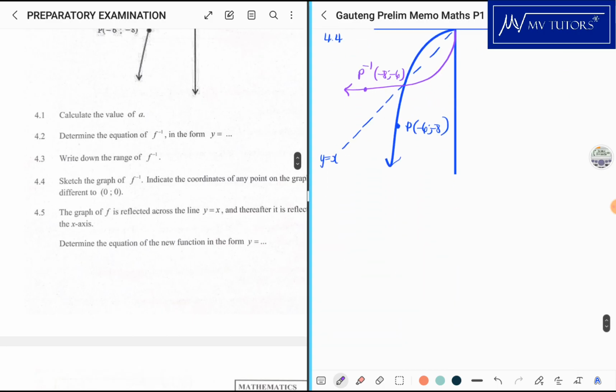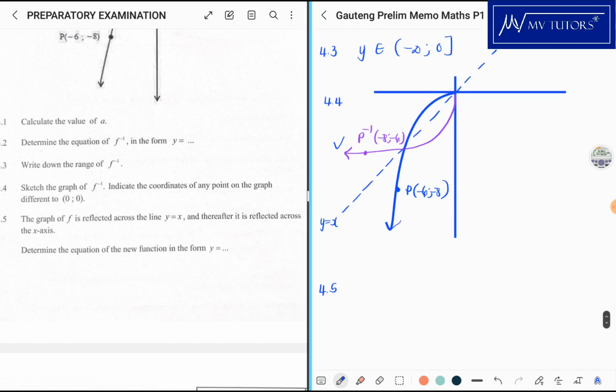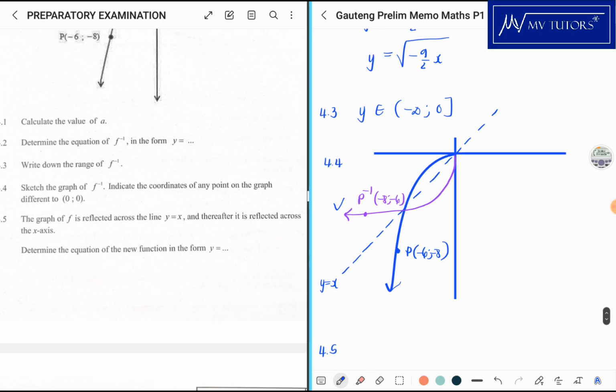Then 4.5. Let me change back to my favorite blue color. 4.5 says determine the equation. The graph of f is reflected across the line y is equal to x. So this is where we are, y is equal to x. And thereafter, it is reflected across the x-axis. Remember, this is the x-axis.